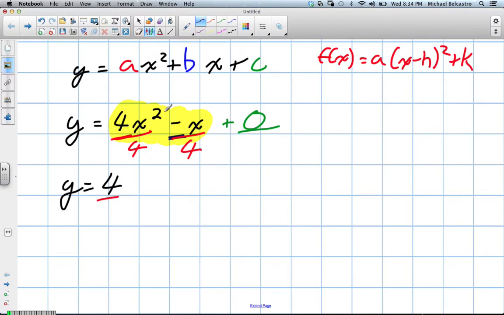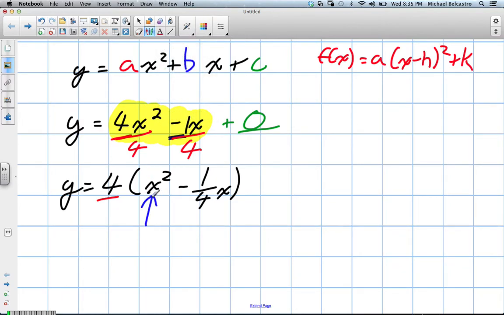And then we're left with what's inside: x squared minus 1/4 x. We don't need to put the plus 0 in. The reason we do this is we're setting up a perfect square trinomial. Our a value right now is 1. That's our goal for this. This is our new b term, you could say.